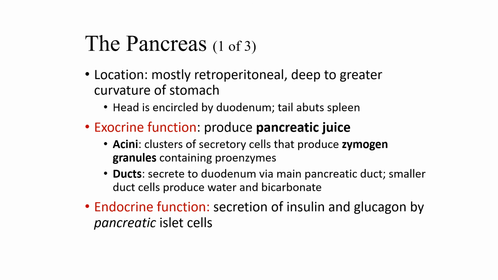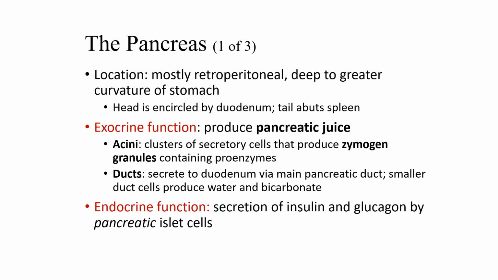So pepsinogen is a proenzyme to pepsin. Let me say that again. Pepsinogen is a proenzyme to pepsin because pepsinogen is secreted. It is the inactive form. Hydrochloric acid cleaves pepsinogen to release the active enzyme pepsin.